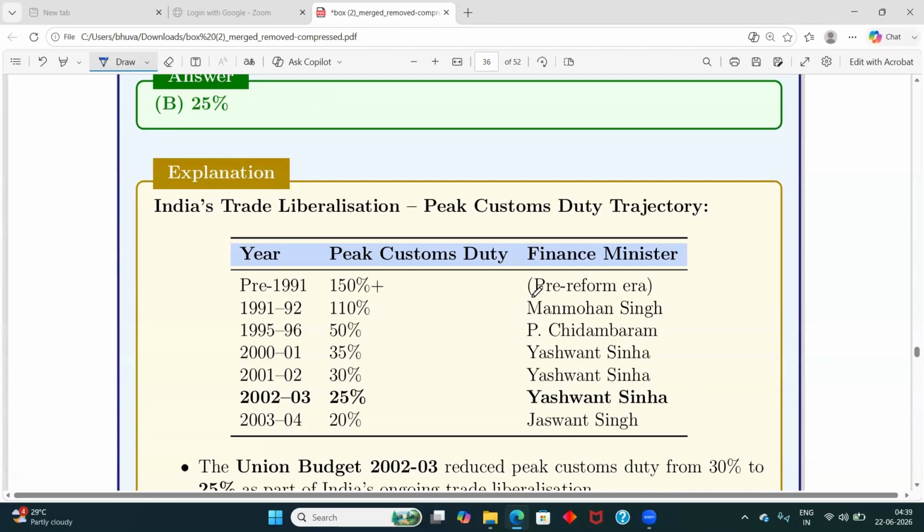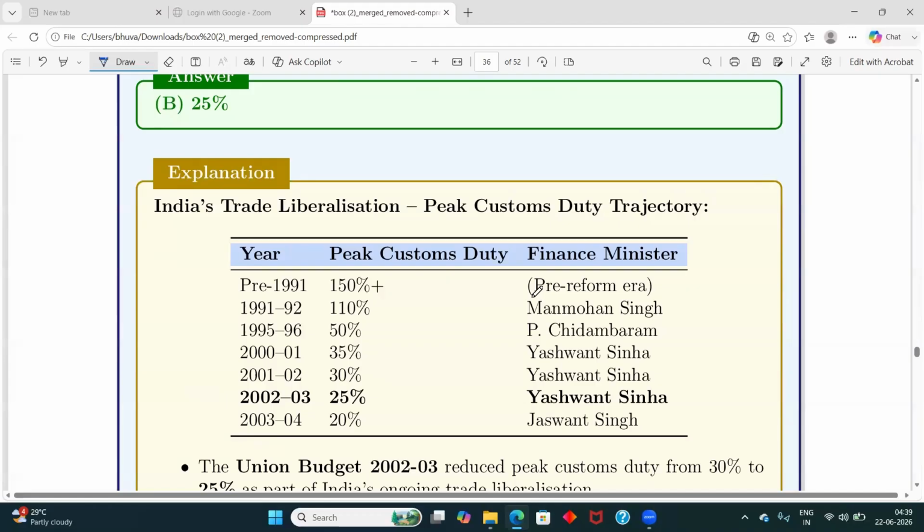We will go with the finance minister also. In 1991-92, custom duty is 110%. That time, finance minister is Dr. Manmohan Singh. In 1995-1996, custom duty is 50%. Finance minister P. Chidambaram. 2001, 35% custom duty. Finance minister Yashwant Sinha. 2001 and 2, 30%. Yashwant Sinha, also finance minister.